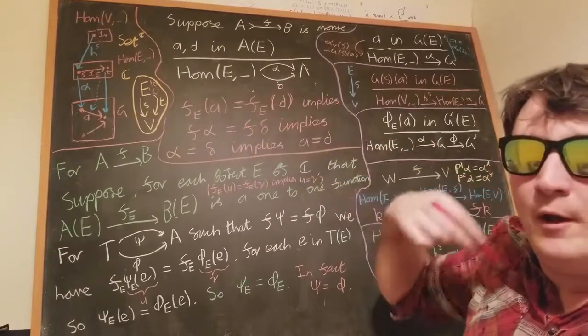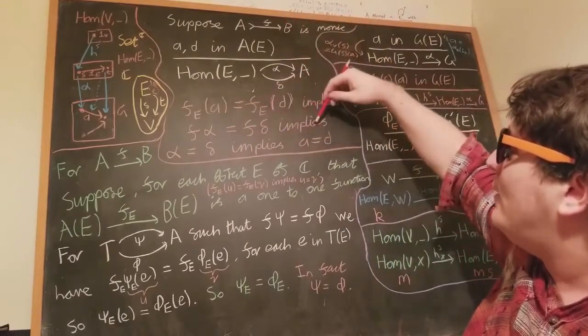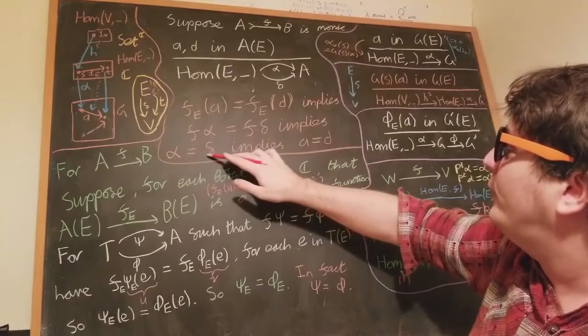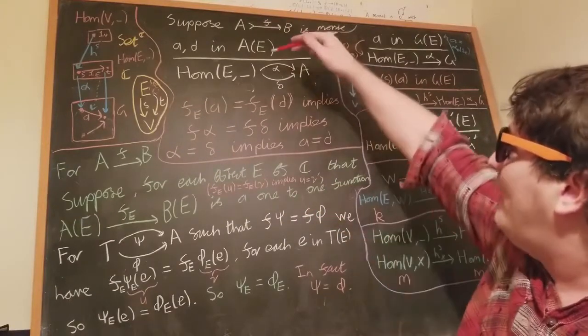But now, since we're assuming that f is a monomorphism, what do we get? Well, we get that alpha equals delta. So these arrows have to be equal.